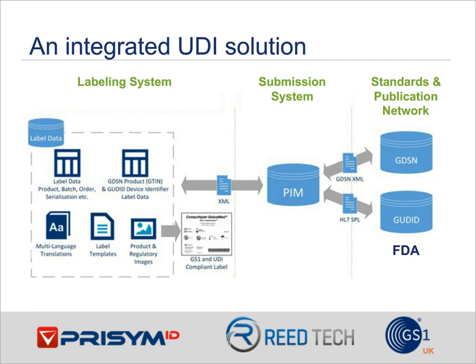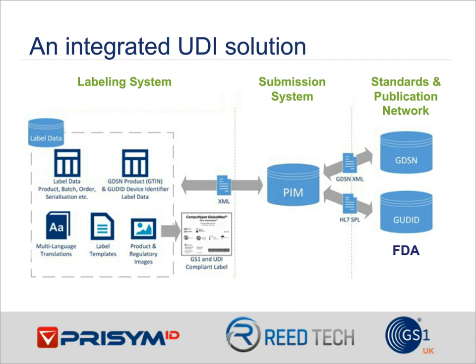It meets all aspects of the FDA requirements, and as you can see from the graphic, the data is stored in 360 as a shared product label, which includes additional data for both the UDI labels and the printing of that label and all UDI submissions. Gary?